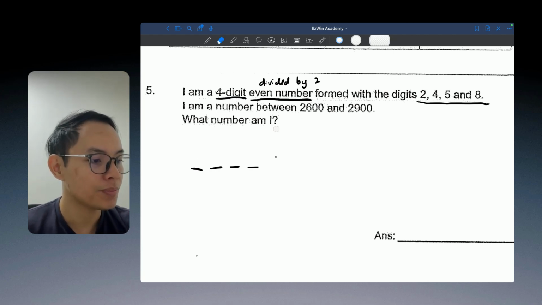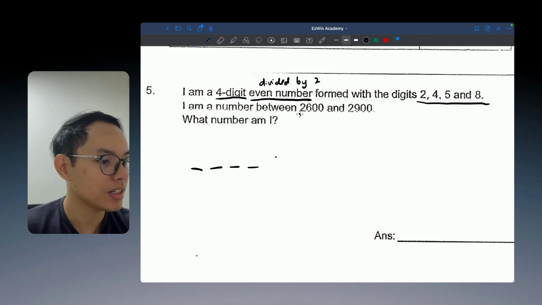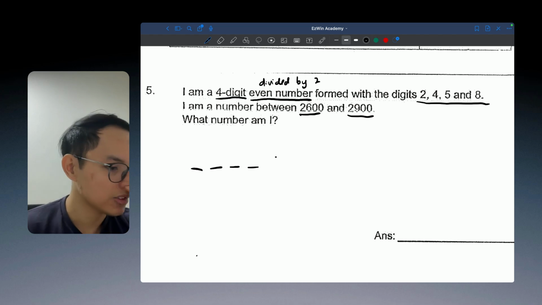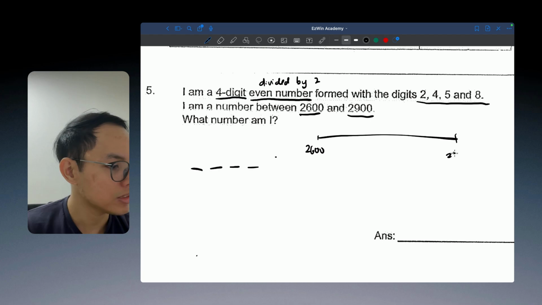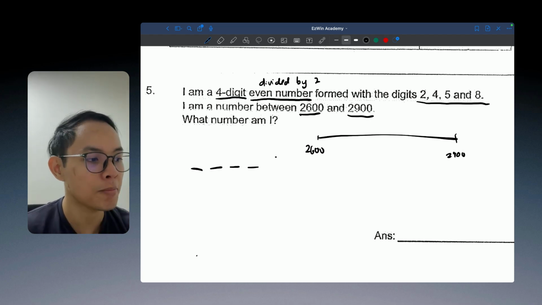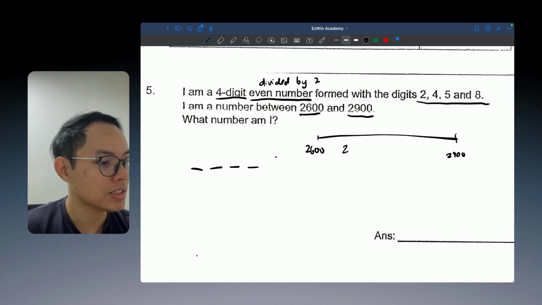The number should be in between 2,600 and 2,900. So it can be 2,700, 2,800, or any other numbers in between. This is just an example.